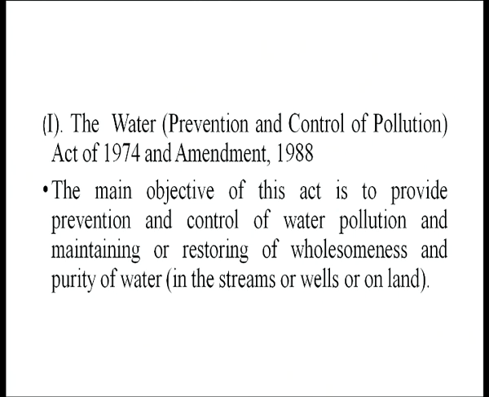The Water Prevention and Control of Pollution Act of 1974, with an amendment in 1988. The main objective of this act is to provide prevention and control of water pollution and maintaining or restoring the wholesomeness and purity of water, which includes streams, wells and water on land.